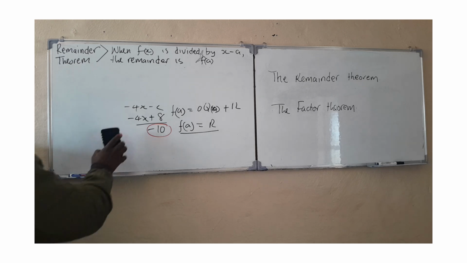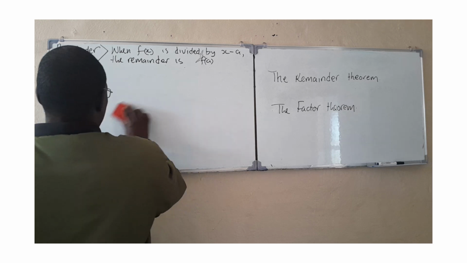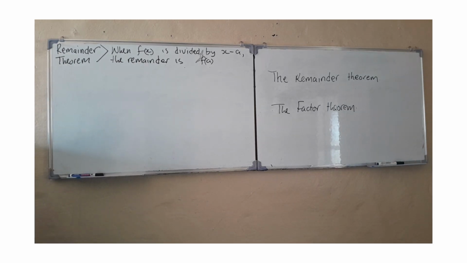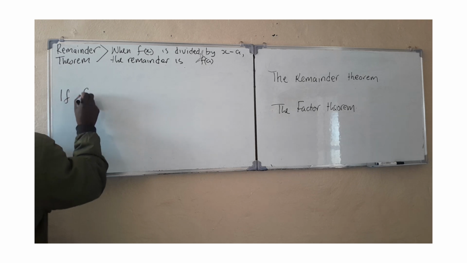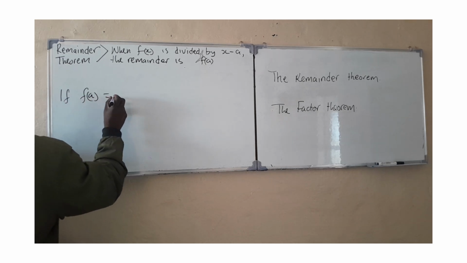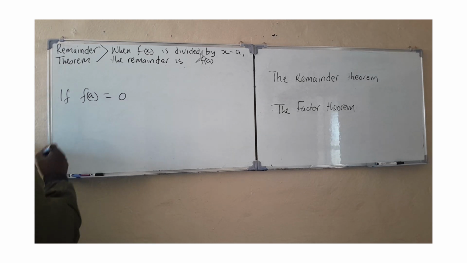Now, what if we find that when we put f of a, we find 0? So if f of a is equal to 0, remember we have here, let me write it in blue just to make it different.